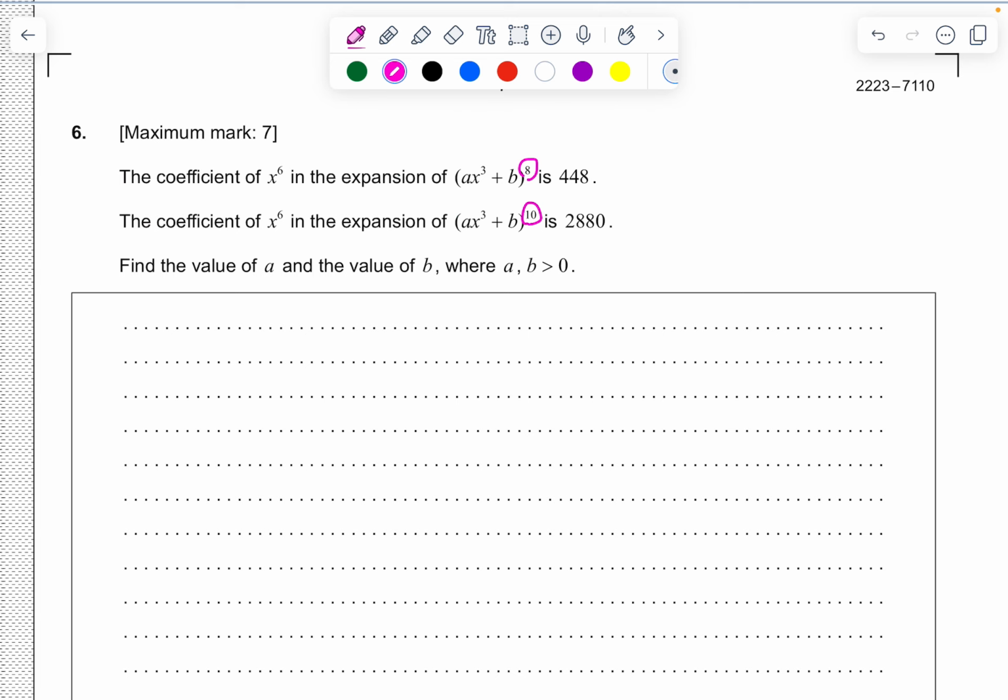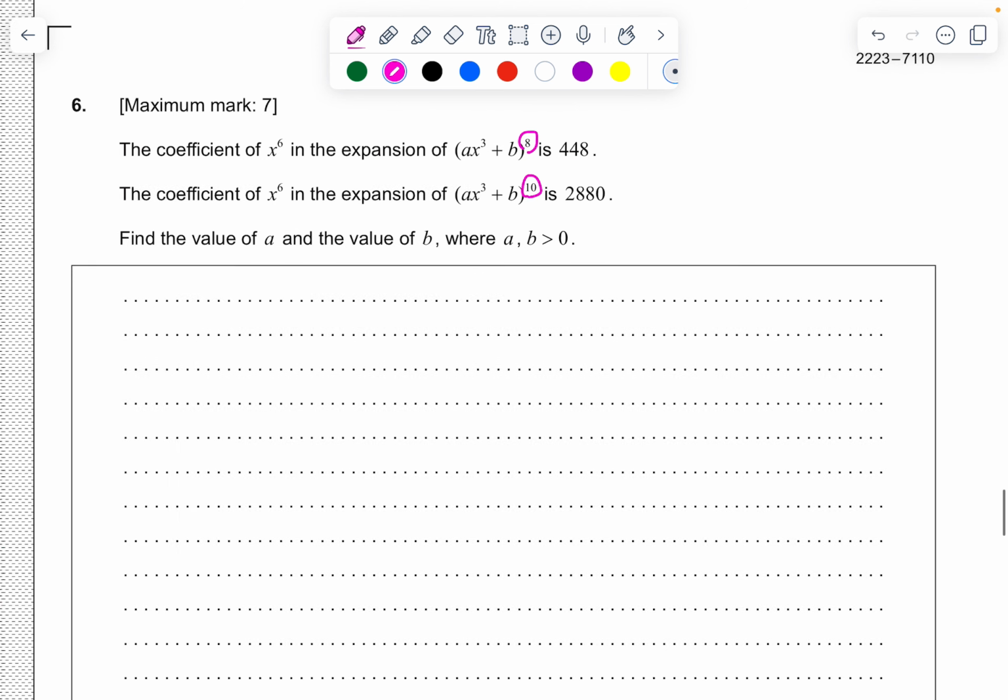Find the value of a and the value of b, where a, b both are greater than 0. Okay, so let us see. In this you can see that it is x power 6, which means this must become (x cubed) whole power 2.